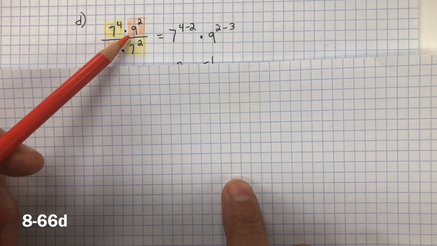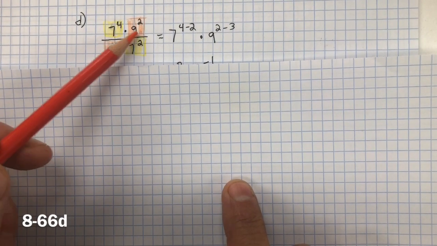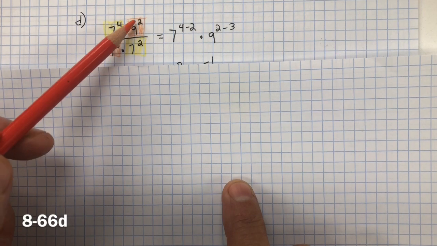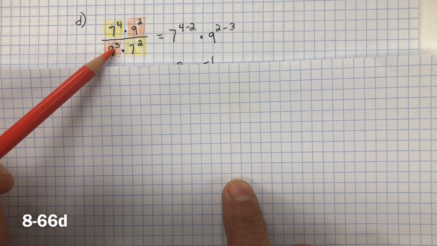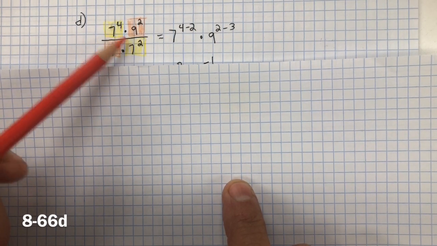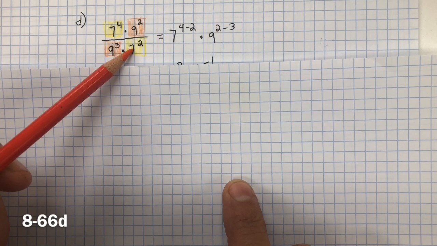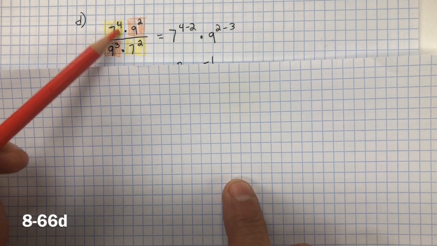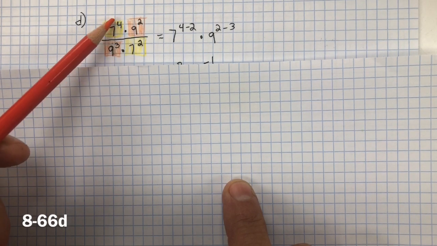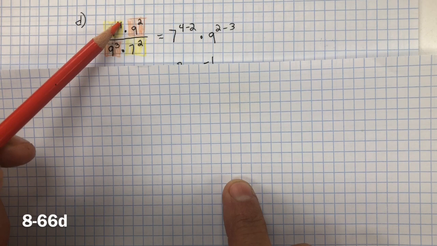Because of the commutative property of multiplication, I could move these around, and I could have 9 squared over 9 to the third. So I can simplify this, and I can also do that with the 7's, same base. And remember, when you're dividing integer exponents with the same base, the rule is that you subtract the exponents.